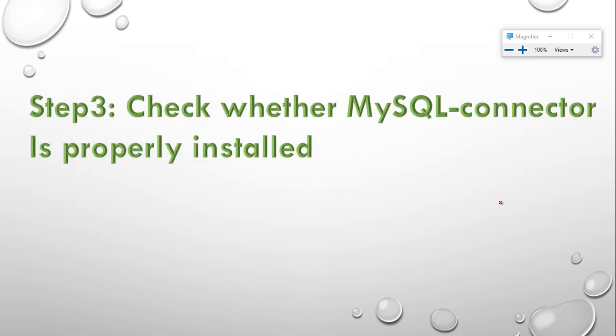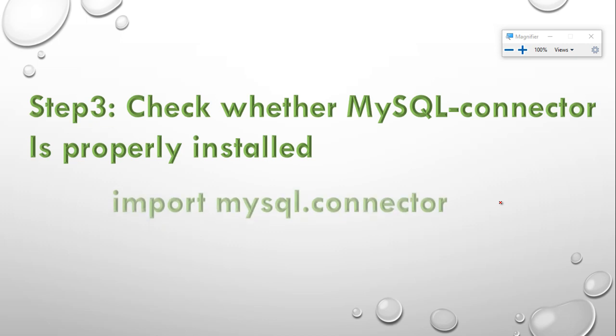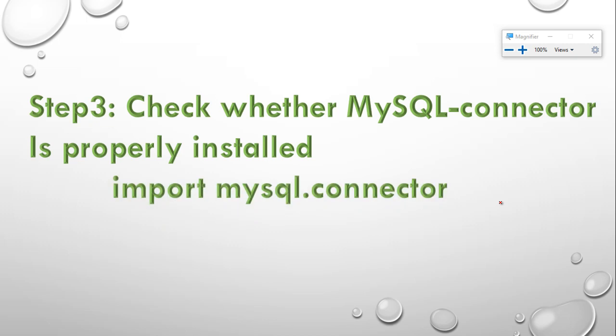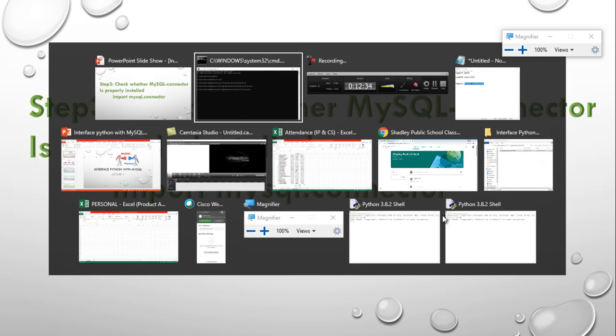Okay, and once you have installed the MySQL connector, then you have to check whether it is properly installed or not. What is the procedure for checking that? You first write this line, import mysql.connector, in the interactive mode of Python. So let me open the interactive mode.